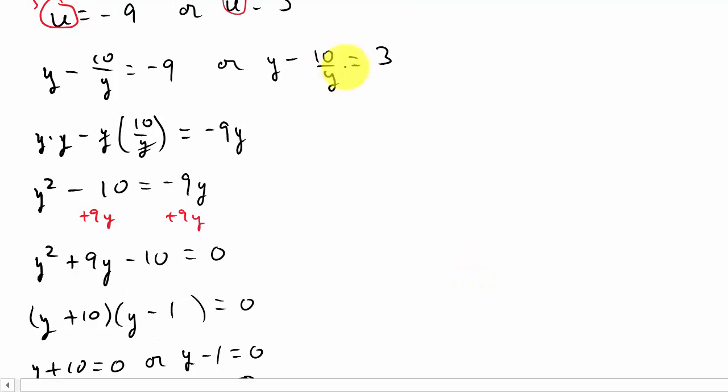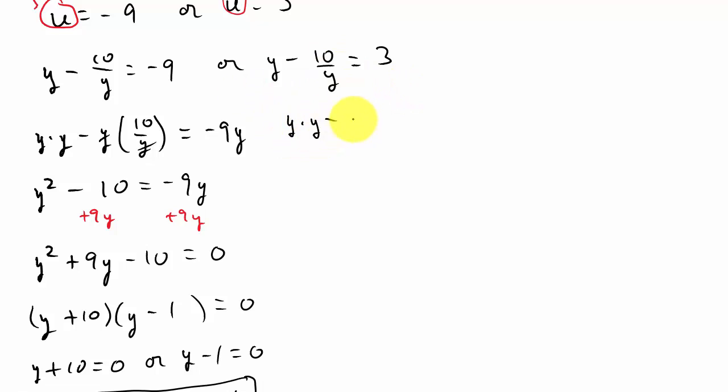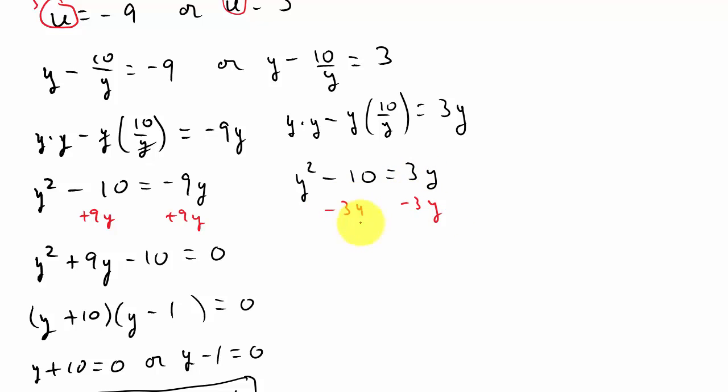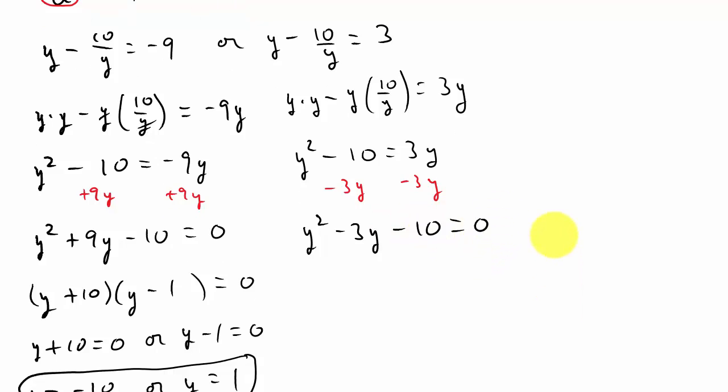And now we'll do the same thing with the other equation. I'm going to multiply everything times y to get rid of the fraction. So that's y squared minus 10 equals 3y. And then I'm going to subtract 3y from both sides. So that's y squared minus 3y minus 10 equals 0.